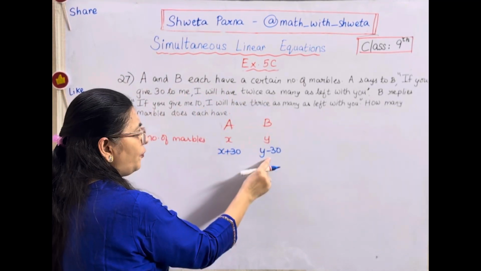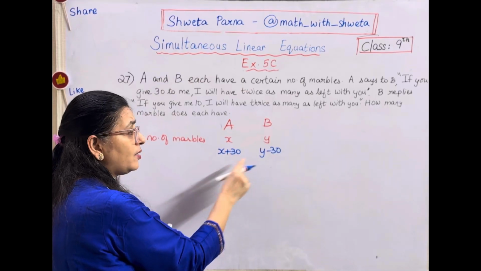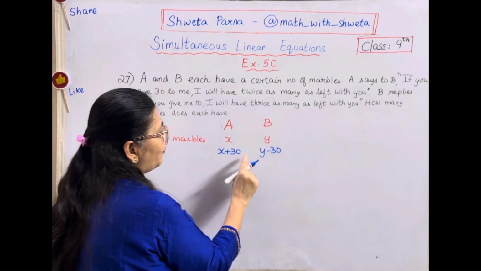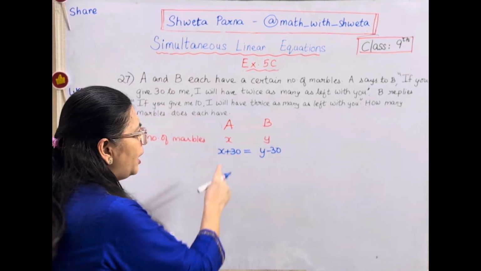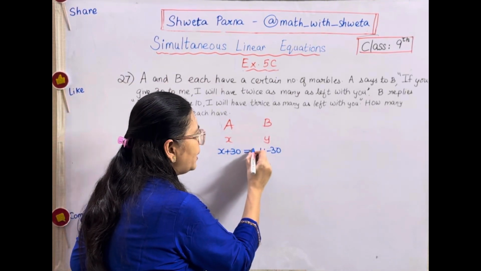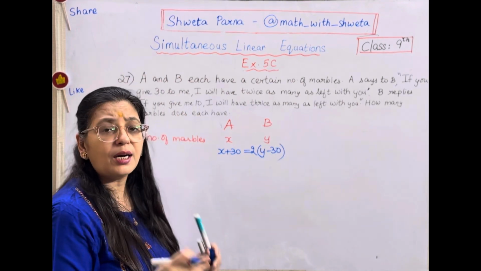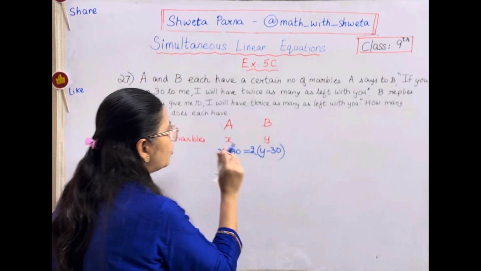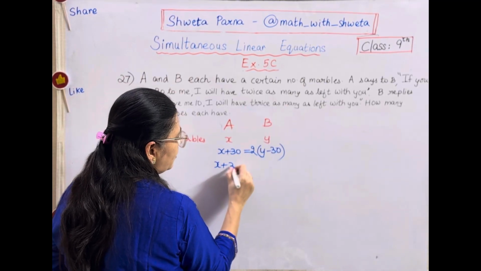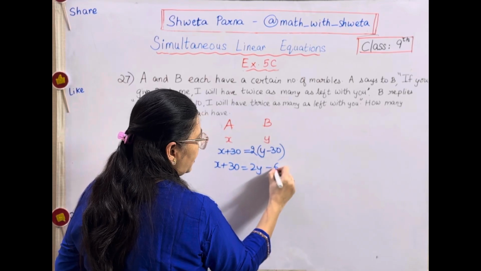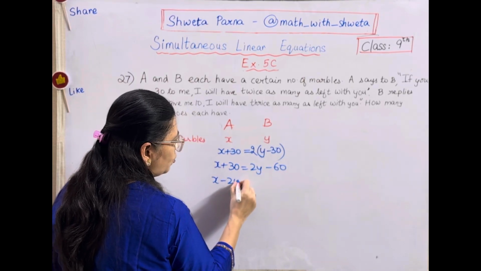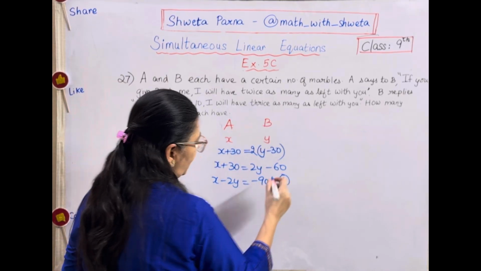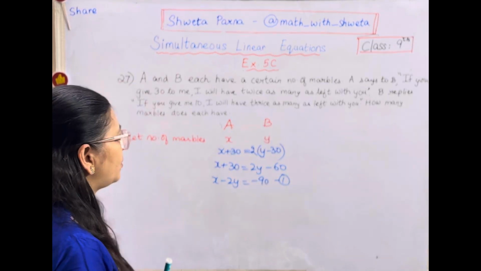A says, if you give me 30, I will have double of what you have. That means if I want to make this equation equal, he is already having double. So I will multiply here with 2 so that both left hand side and right hand side are the same. So to solve it, X plus 30 is equal to 2Y minus 60. X minus 2Y is equal to minus 60 minus 30, which is minus 90. This becomes your first equation.